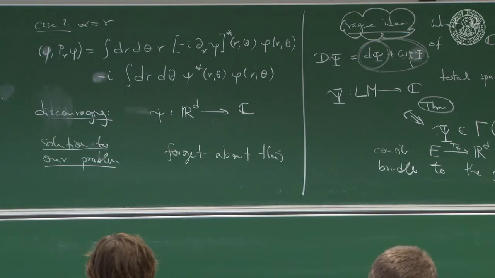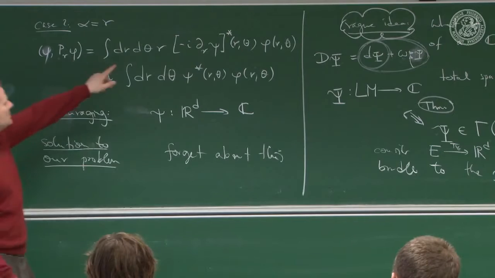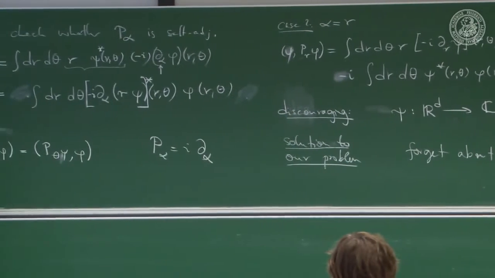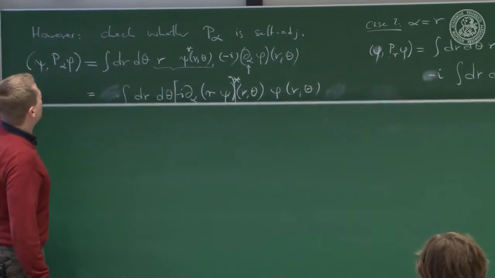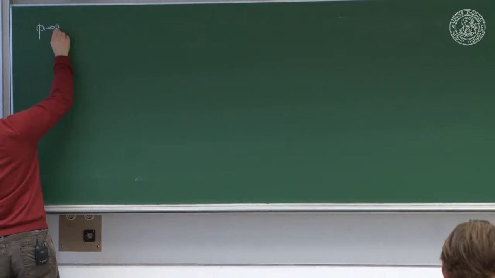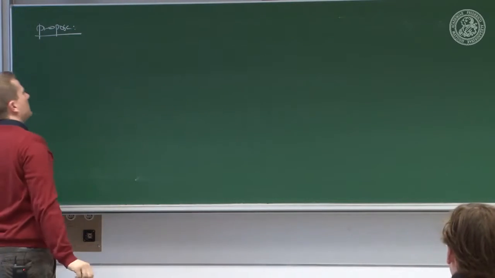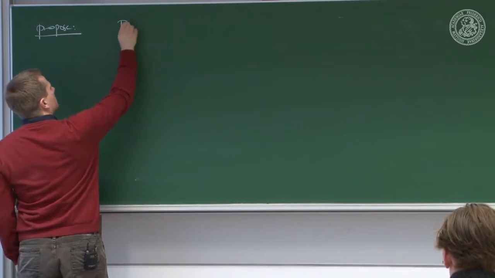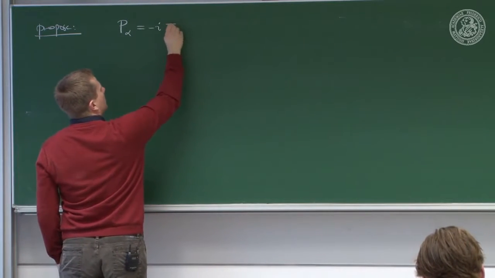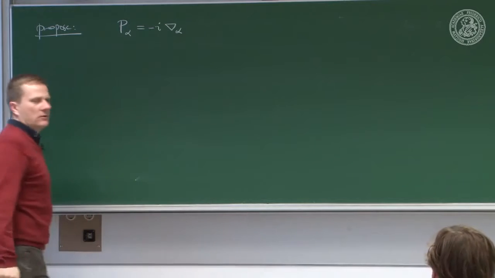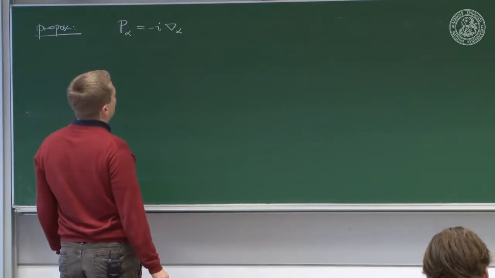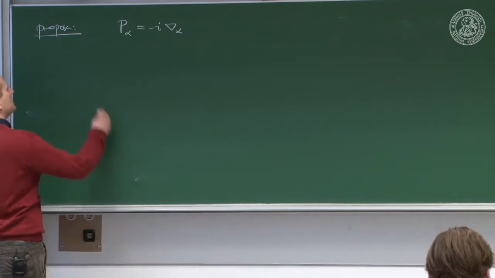Okay? So, fine. Let's use this idea and rather simple-mindedly propose a different thing, namely propose that P_alpha be represented by minus i times something we could call a covariant derivative, nabla_alpha.